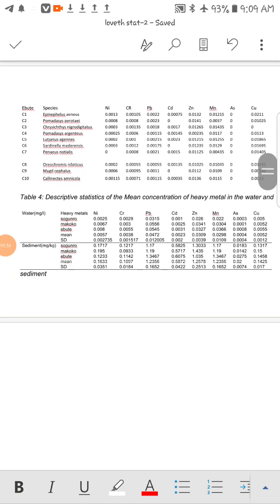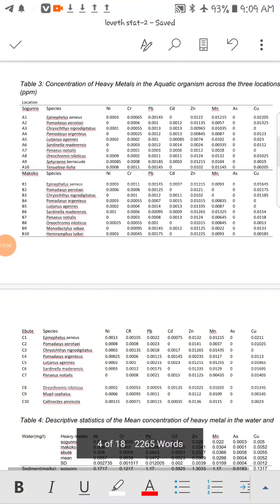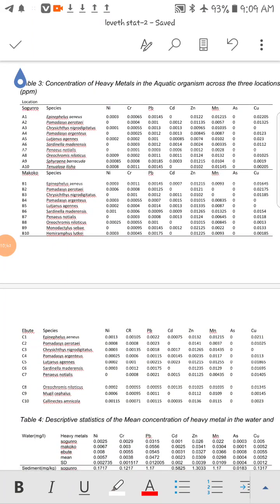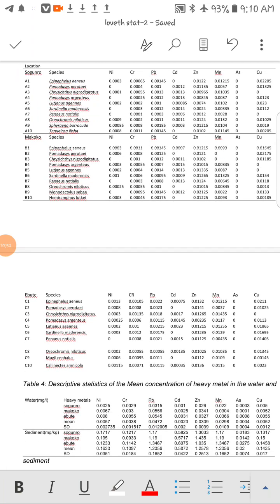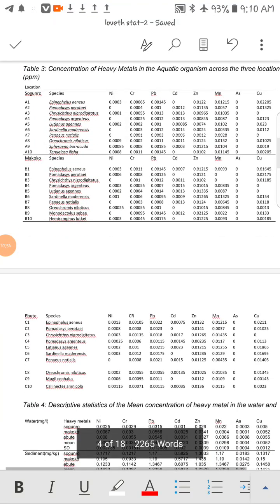Just take, for each location, the concentration of each heavy metal across the locations to divide the parameters of the organisms at each location. Okay.